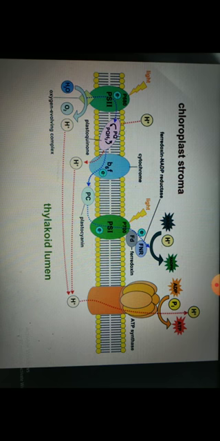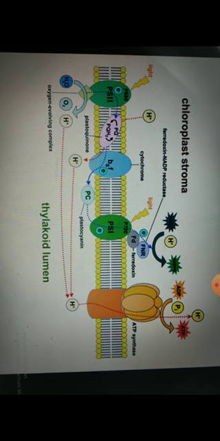The first step that occurs in non-cyclic photophosphorylation is the photolysis of water. Photolysis of water means the breakdown of water in the presence of light. Remember, this is a very important point: photolysis of water always takes place at photosystem 2. Light is illuminated on photosystem 2, and the water is broken down into oxygen and protons, and along with protons there is the release of electrons.